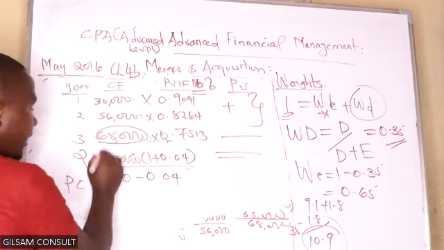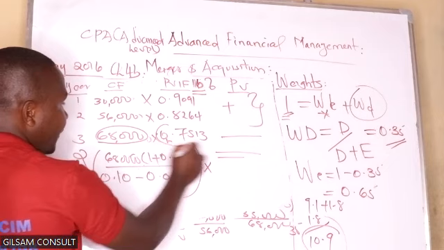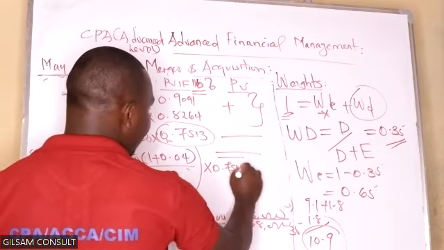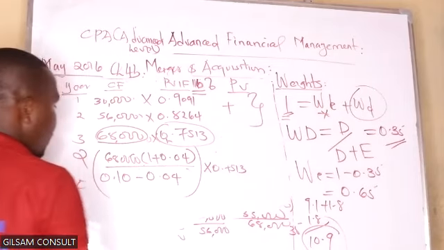Anything you get here, multiply by the discounting factor, which is 0.7513. Then you get your value.